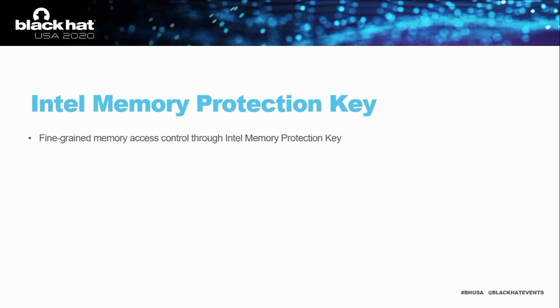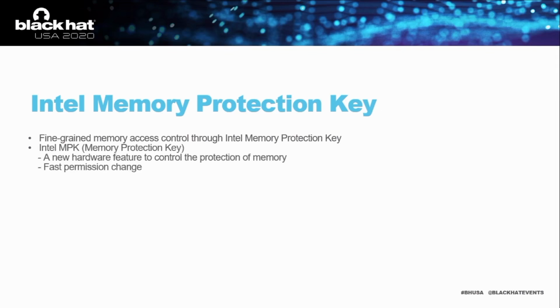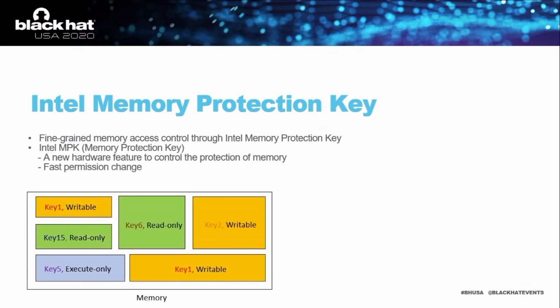So we decided to use Intel Memory Protection Keys to solve this problem. Intel MPK is a new hardware feature to control the protection of memory chunks in an efficient way. It doesn't need to change the permission bits in page tables, so it's very fast. Look at this slide. Each memory chunk is assigned one of up to 15 kinds of specific MPK keys with associated permissions.